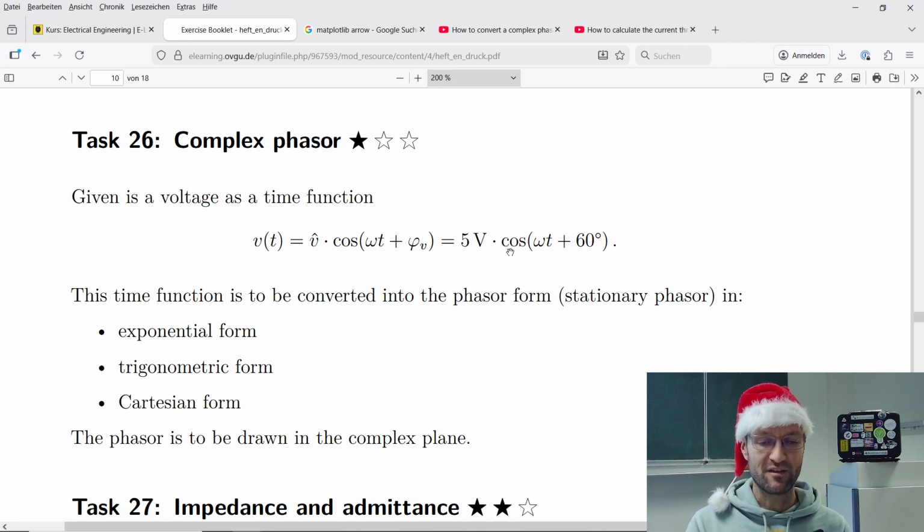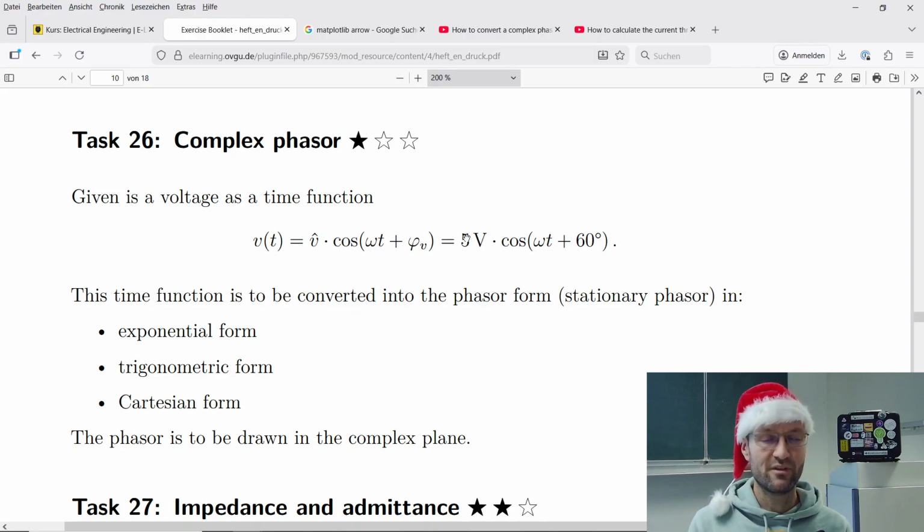We have given a sinusoidal or cosinusoidal time function, a voltage as a function of time. So how would we call this term here? This is the amplitude, exactly.